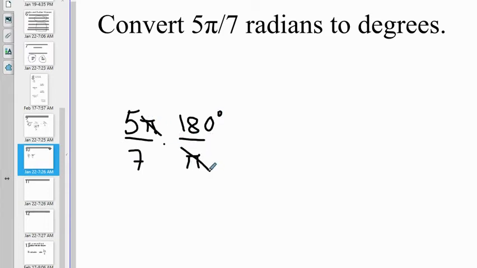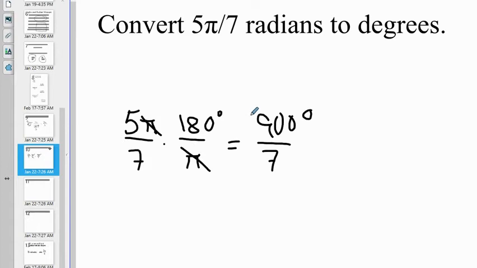Pi cancels out. I've got 5 times 180 over 7. Well, 5 times 180 is 900. And there we go, 900 over 7 degrees, whatever that is.